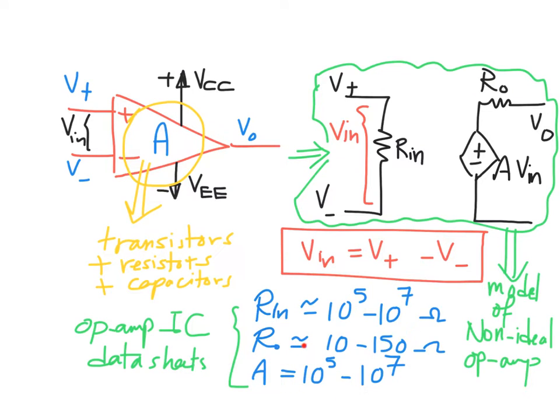When we say small output resistance, this is compared with the input resistance. The voltage gain of this operational amplifier is very high, something in the range of 10 power 5 to 10 power 7. And this model here, as we can see in green, is called the model for the non-ideal op amp.